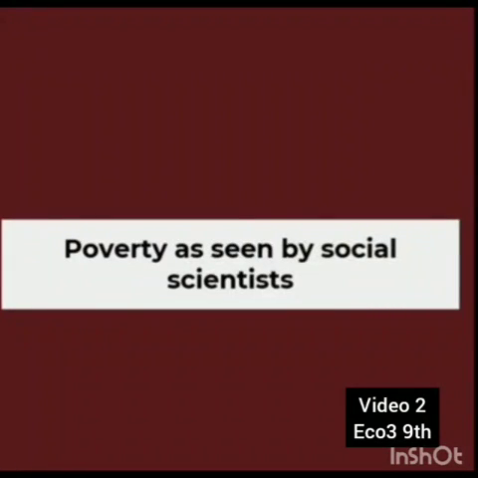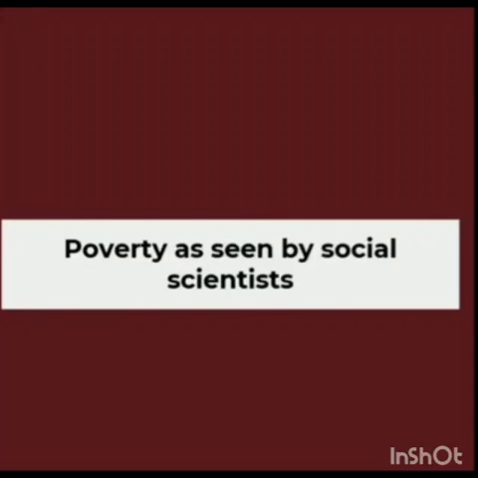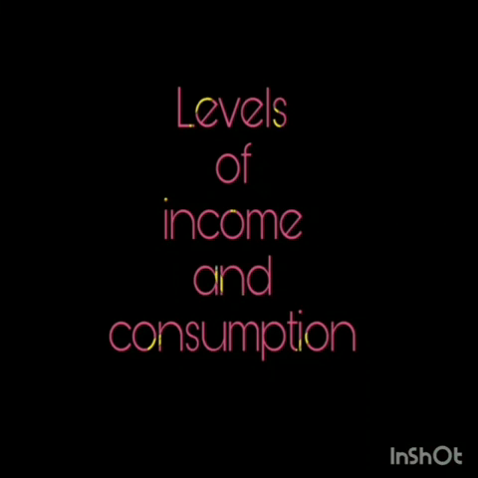Welcome back, students. Today we are going to discuss the topic of poverty as seen by social scientists. Social scientists use different kinds of indicators to understand poverty. Most commonly used indicators relate to the levels of income and consumption of goods.